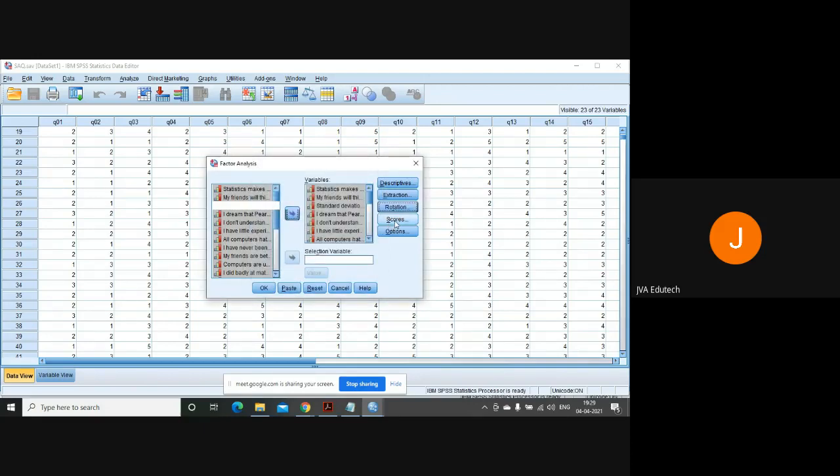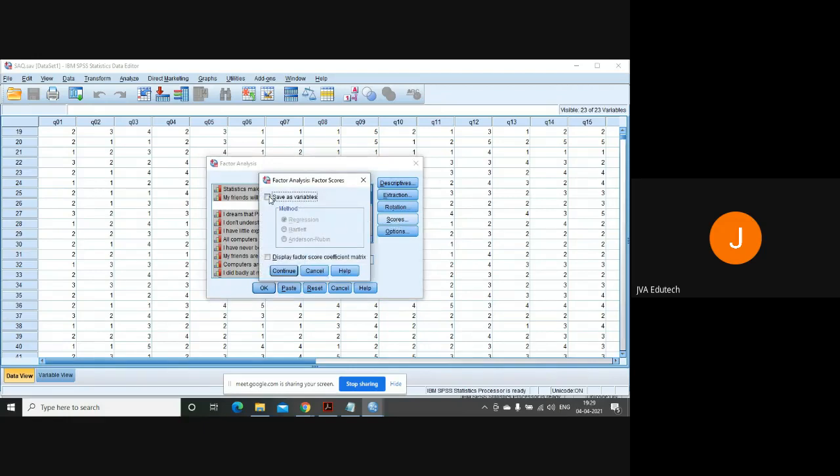Then you can click on scores. Now, save as variables. Here you will find regression, Bartlett, Anderson-Rubin. Now the question is, which one should you choose? Should we go for regression, Bartlett, or Anderson-Rubin?